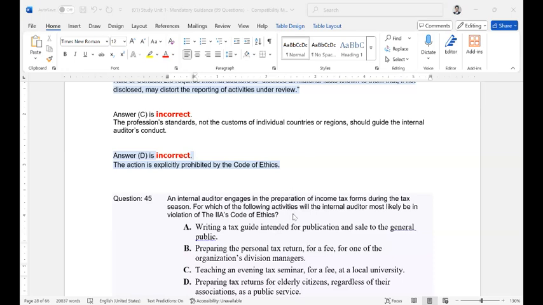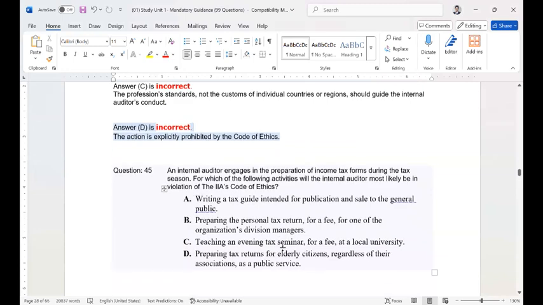Question number 45. B. Yeah. You can't prepare the tax return of another department that you're auditing.